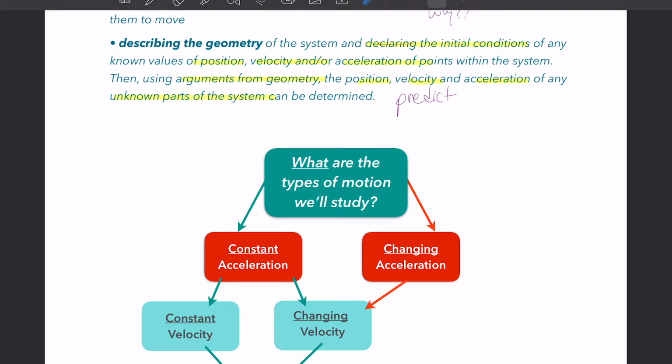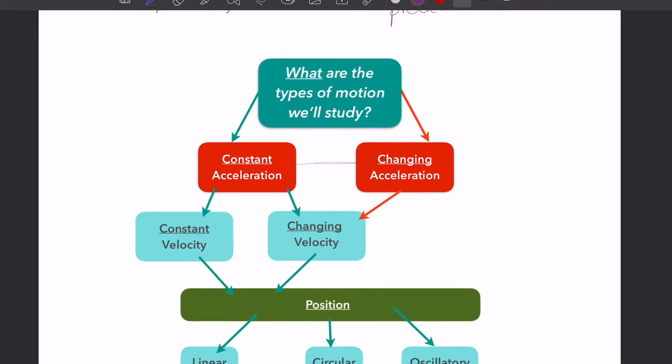When we have constant acceleration, we can have constant velocity or changing velocity. So changing velocity can be due to either constant acceleration or changing acceleration. But constant velocity can only be due to constant acceleration. But notice the important thing is to determine first what's happening with the acceleration.